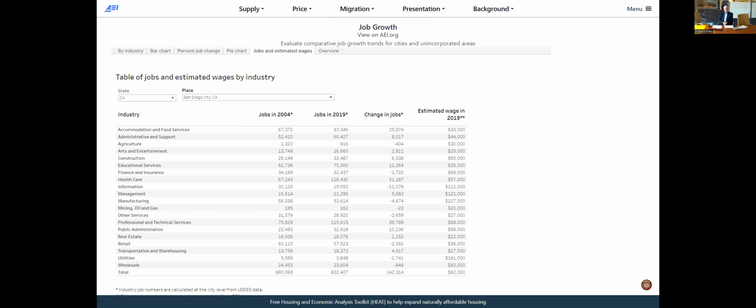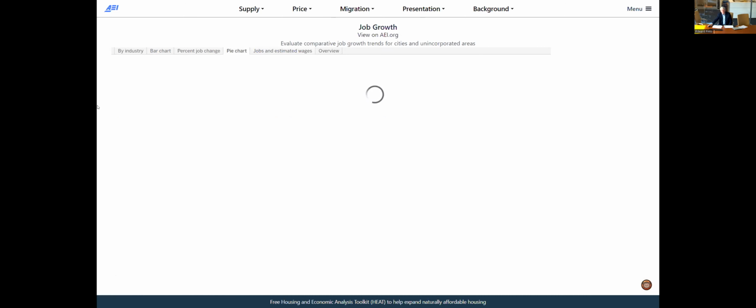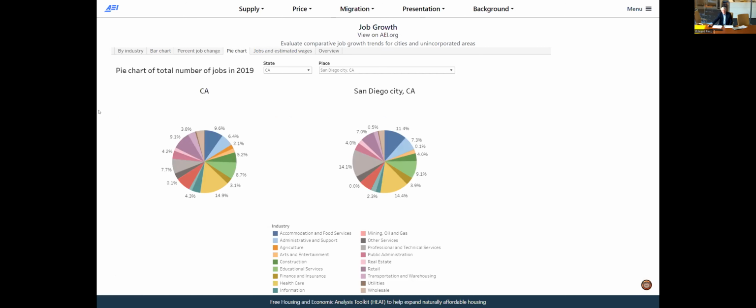There are some other tools here that have some pie charts that show, if you go to pie chart, this shows for San Diego, California, what the different job percentages are and how San Diego stacks up against that. So we're limited basically in terms of how the federal government tracks these job data.